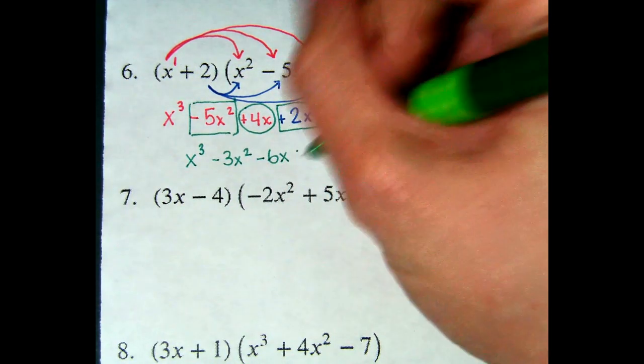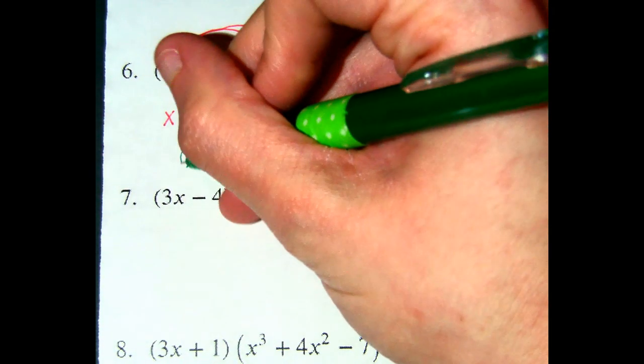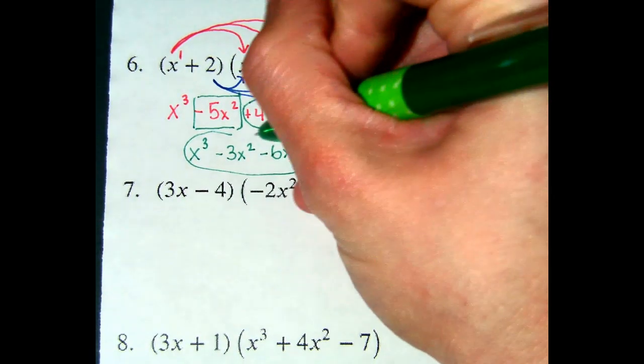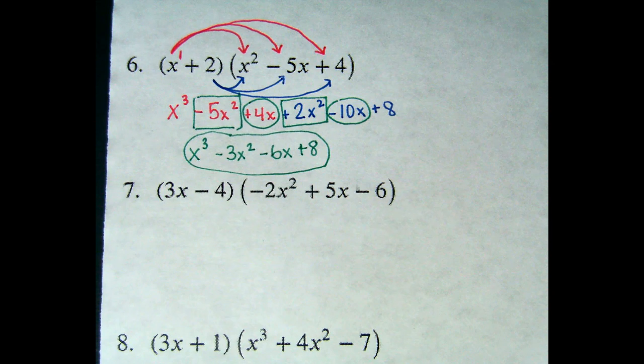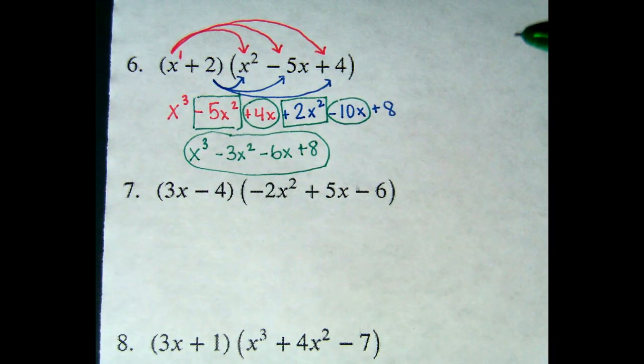Does it have a like term? We have put it in standard form and simplified it as much as we can. It is not different than what we just did, other than we have to distribute 3 times instead of 2. More like 6, but you get the point there. Alright, I want you guys to try 7, 8, 9, 10, just keep going. We're going to talk about them periodically.